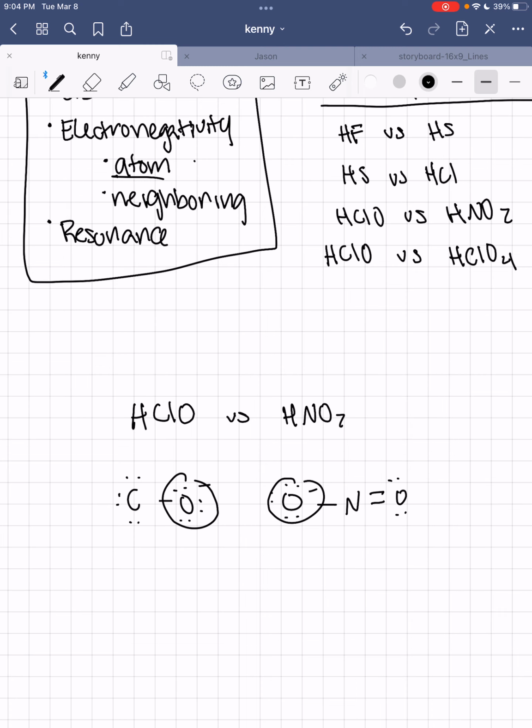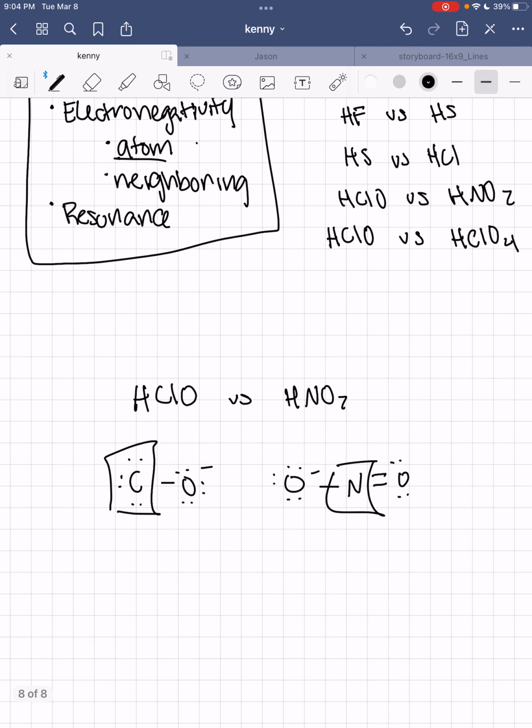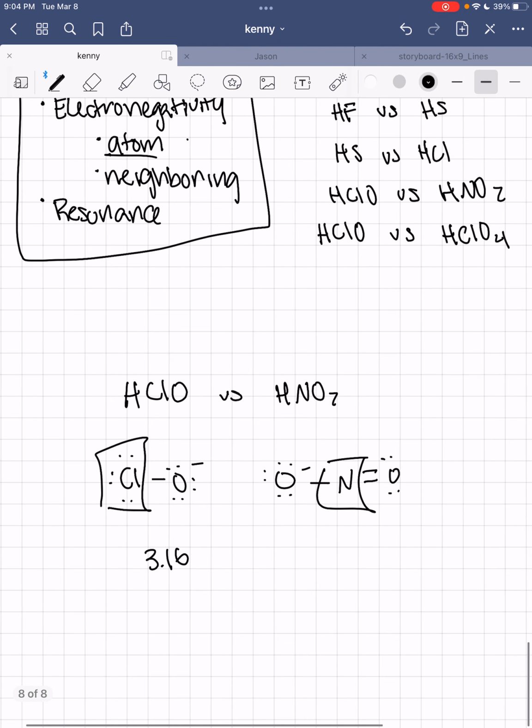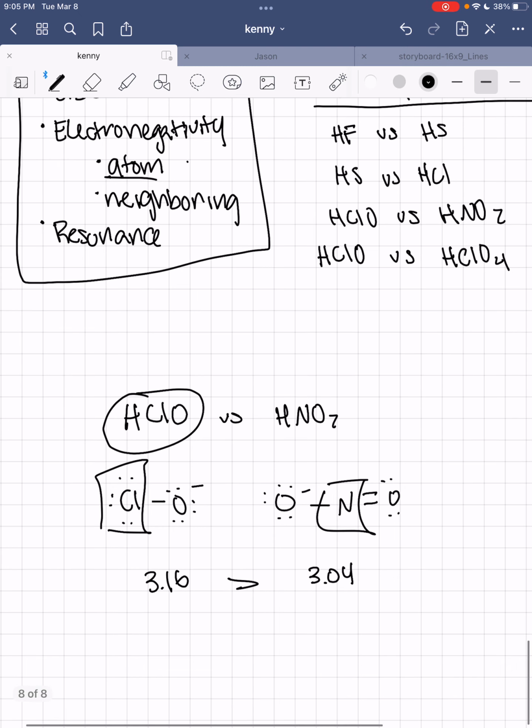It'd still be the same. So you can compare the atom that's connected to them. Let's write down the electronegativity of chlorine. The electronegativity of chlorine is 3.16, and the electronegativity of nitrogen is 3.04, which means that chlorine can handle a negative charge better than nitrogen, which means it'd be more acidic in this scenario.